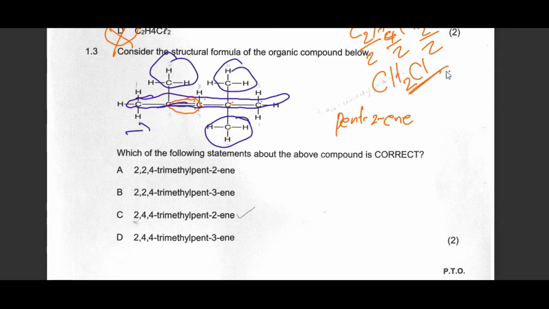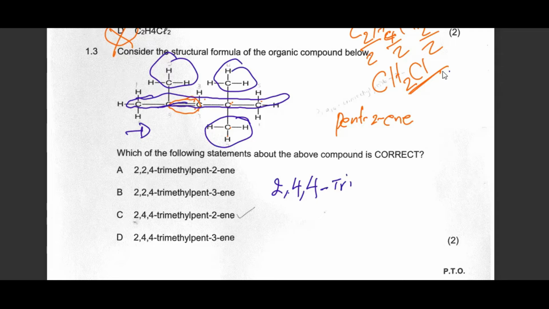Because I use this direction when I'm counting 1, 2, the first branch is on 2, then 3, 4, the second branch is on 4, and then another branch is on 4. But because all of them are the same type, automatically I'm going to have a tri.